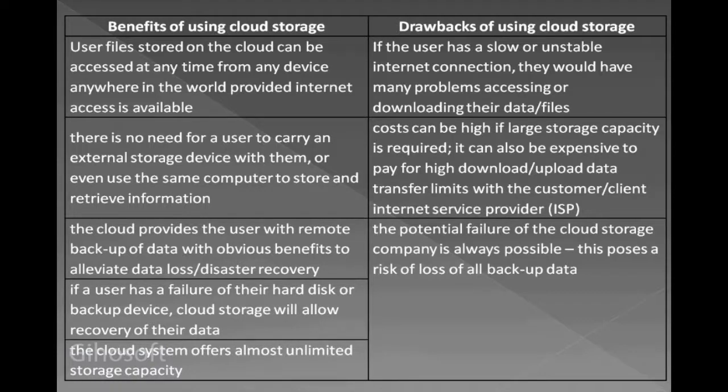Roughly for every GB that you get on a cloud server, you have to pay some dollars. So the more files you upload, the more you have to pay monthly or on an annual basis, depending on your subscription. Then also you have to pay your ISP, internet service provider, as well, because the more you're downloading or uploading to a cloud, the more bandwidth of your internet you are using.